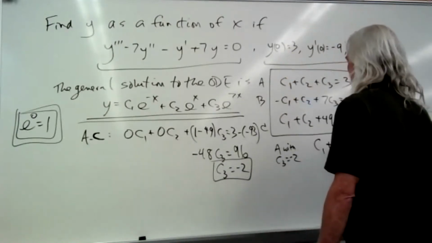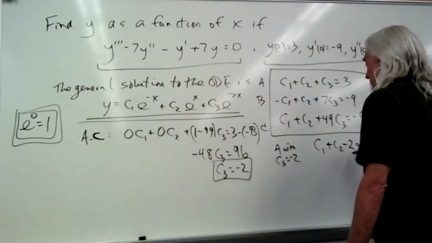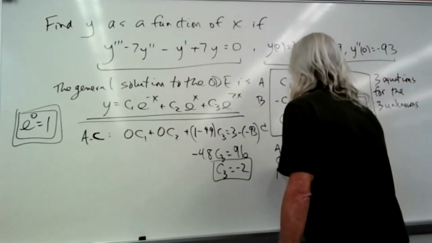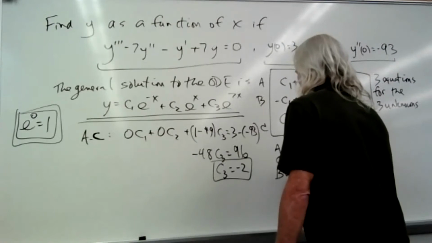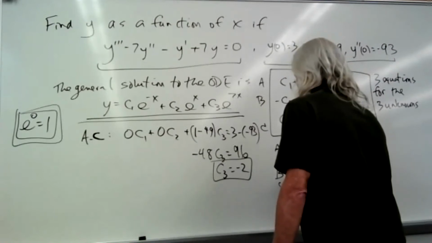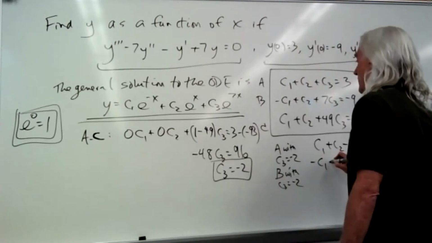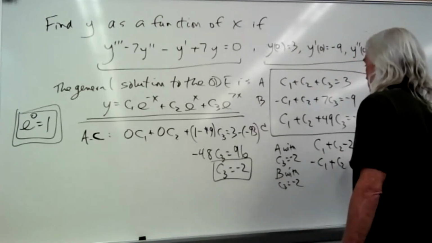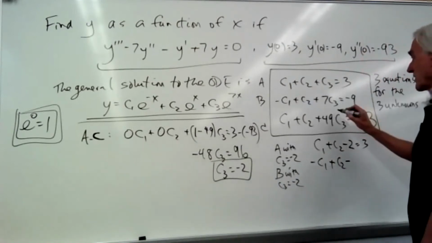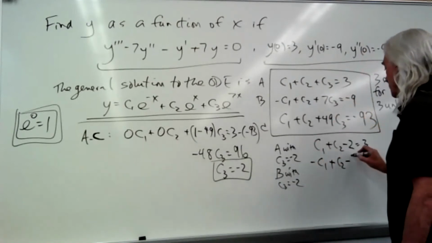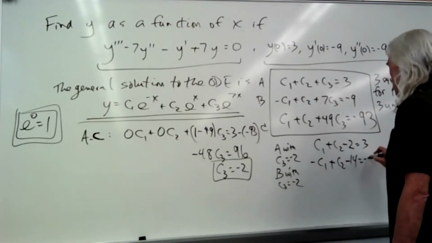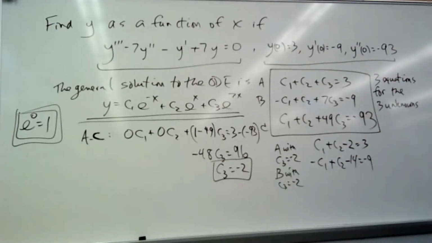C1 plus C2 minus 2 equals 3, and equation B with C3 equals negative 2, and I get negative C1 plus C2, minus 14 equals negative 9.